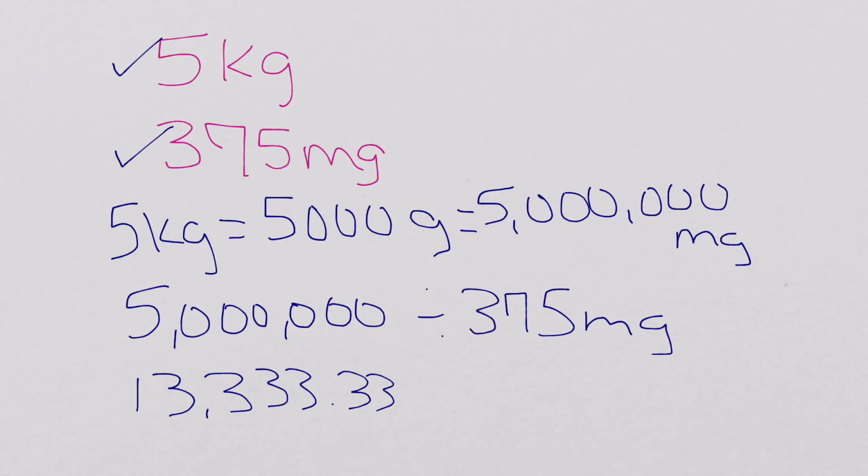So even if that was 13,333.8, that's still not a whole dose, so you wouldn't count that as one. You wouldn't round up. You would always round down. So your answer would be 13,333.